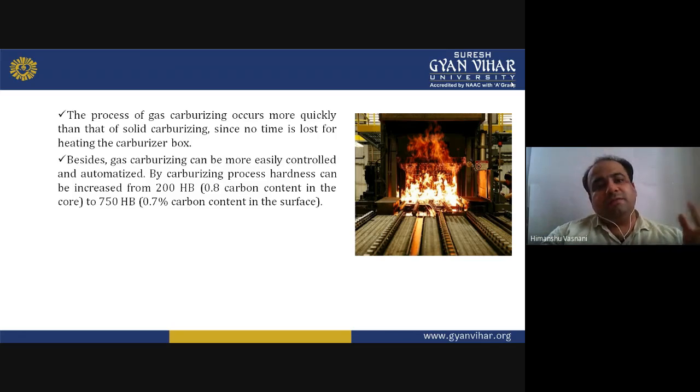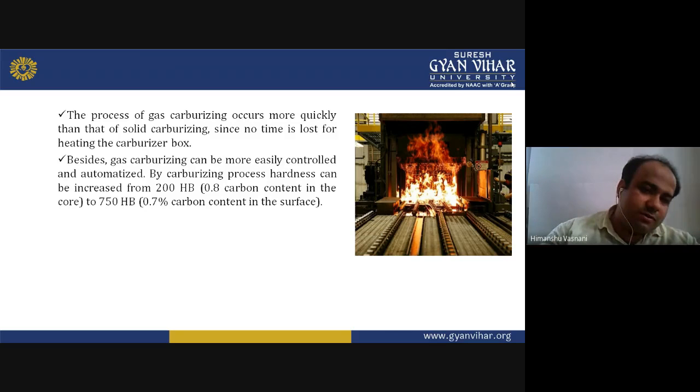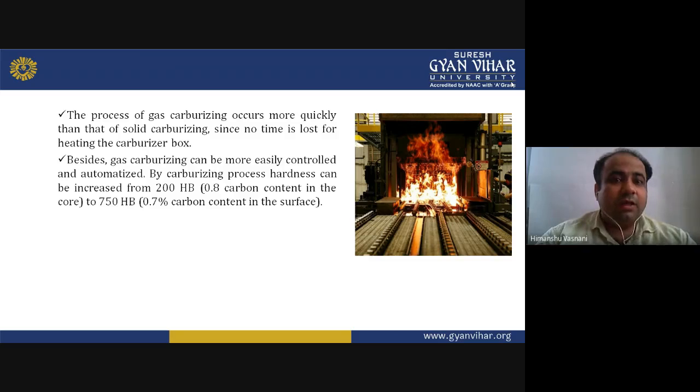So you can see how carburizing increases the hardness, and how helpful this heat treatment process is.